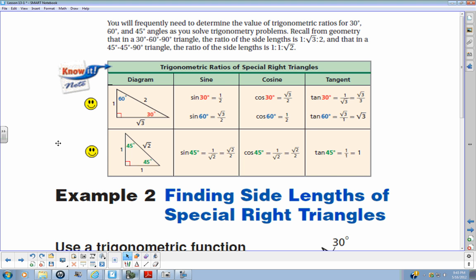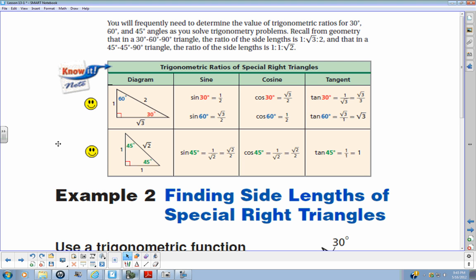And we're going to be using these special triangles in solving equations, and when we get to lesson 3, we're actually going to define something called the unit circle, and we'll be using all of those ratios in the unit circle.